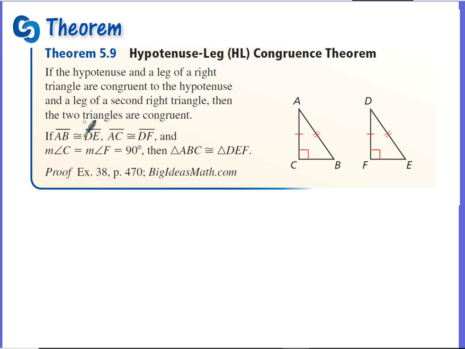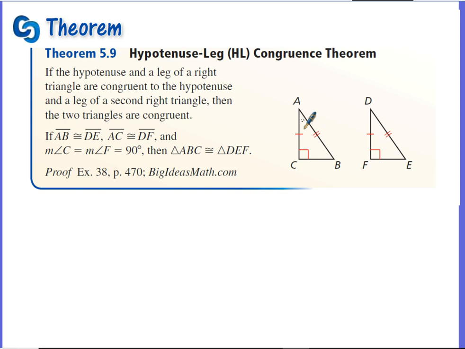So, given that we have a right triangle, sometimes we may need to physically prove that it is a right triangle. Given that it is a right triangle, if you can prove that the two hypotenuses are congruent and the same corresponding legs are congruent as well, then that's enough information to prove that the two triangles are in fact congruent to one another.